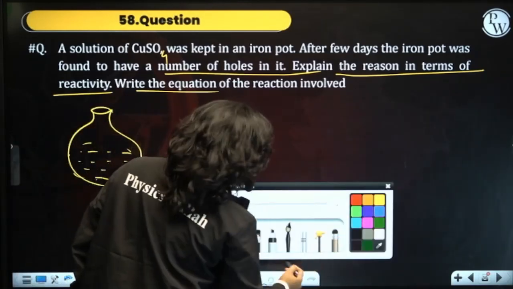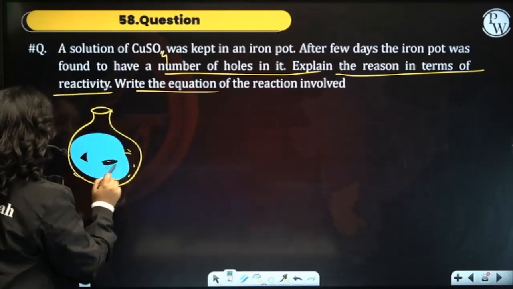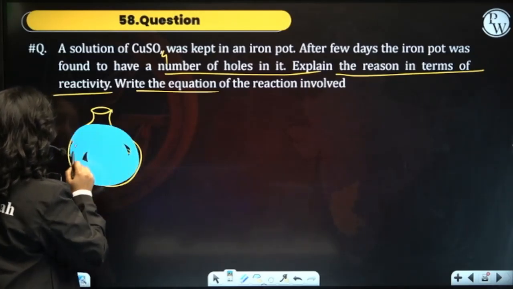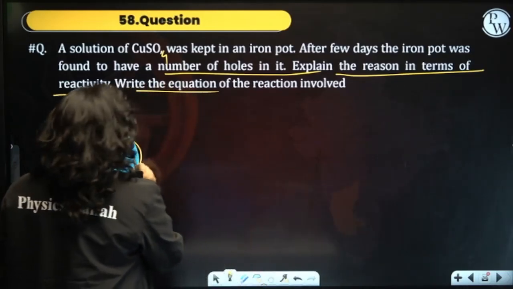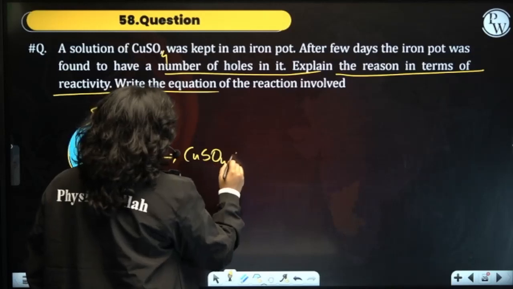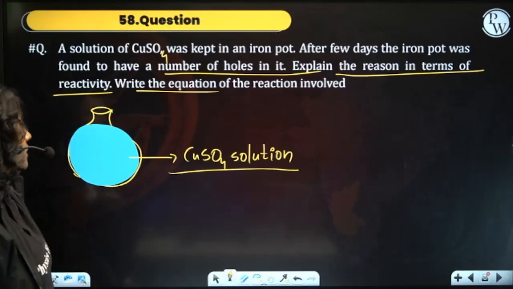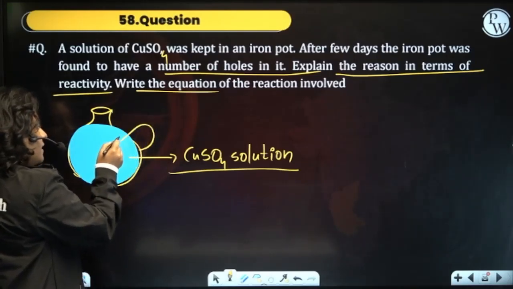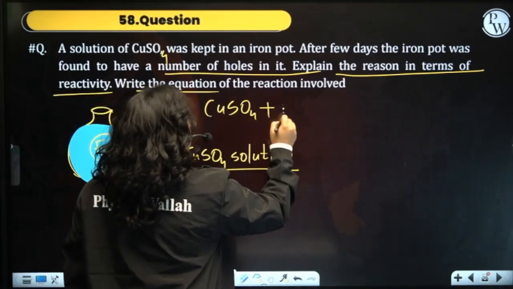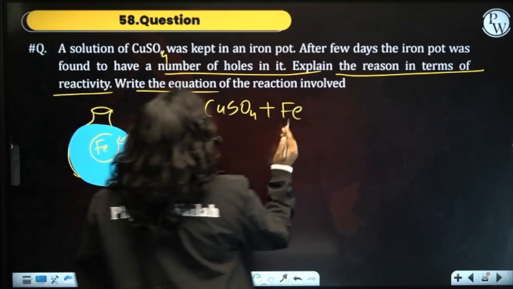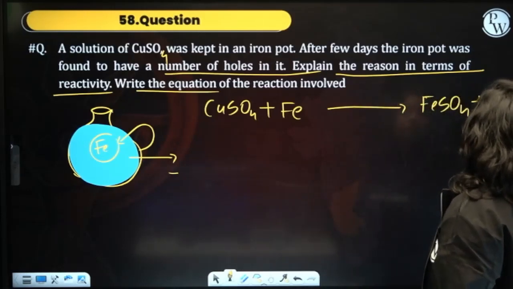What color is copper sulfate? Blue color. What should happen? The iron from the pot is coming and contacting with Fe. So from copper sulfate, copper is displaced by Fe so that you observe maximum pores on the pot.